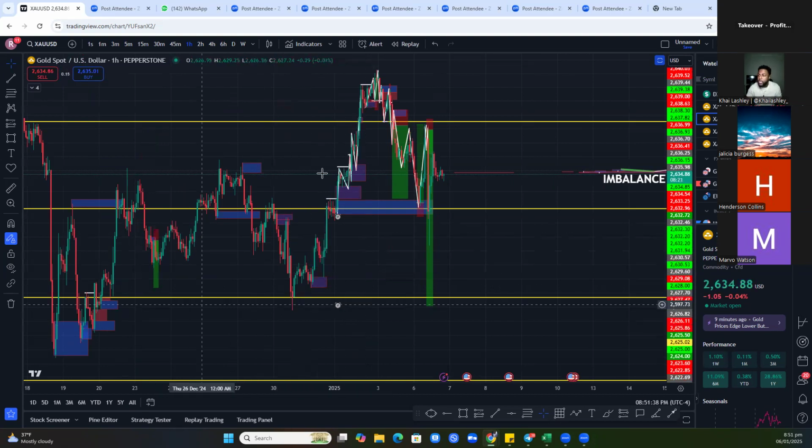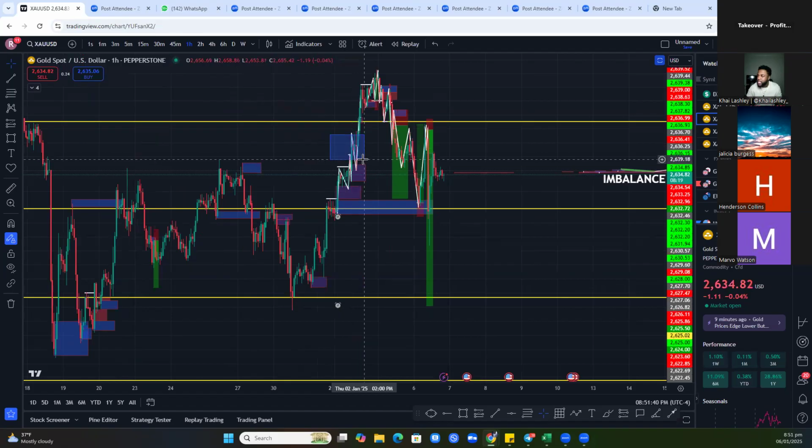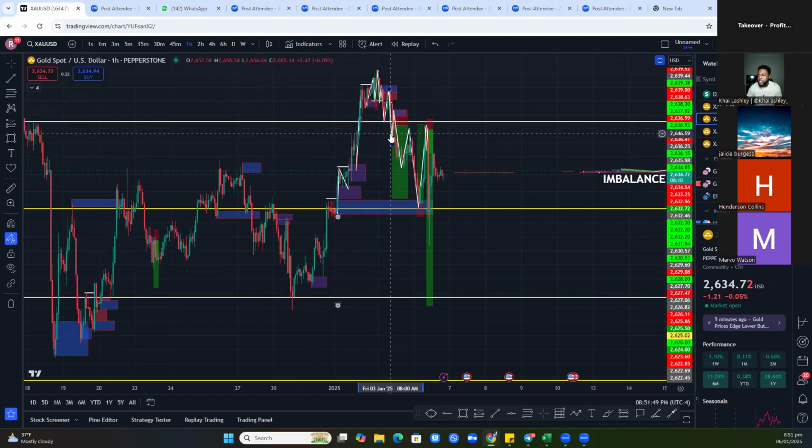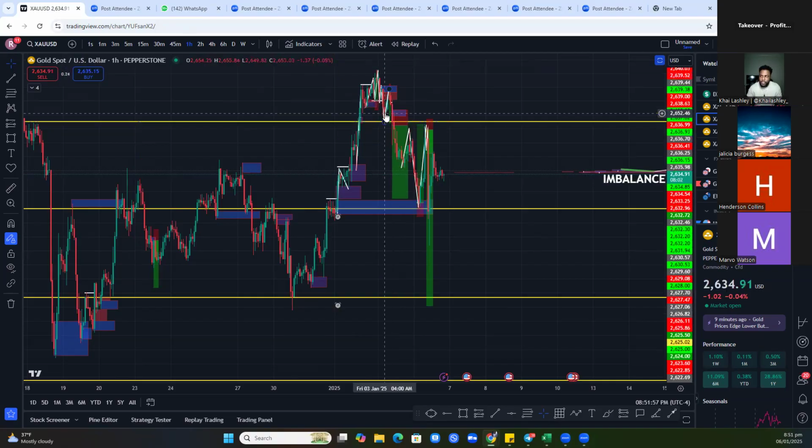Let me know if that made sense. Was that helpful, with what you're looking at in the market and so forth? Remember, like I mentioned, it's just impulse, continuations, corrections. Utilize the order block and imbalance for entries. When I say trading can be simple, it can really be that simple.